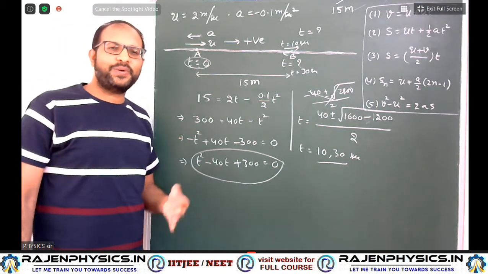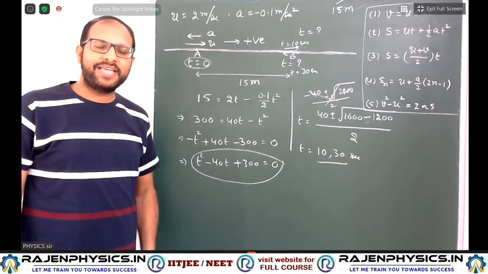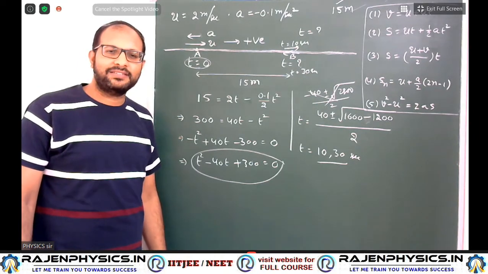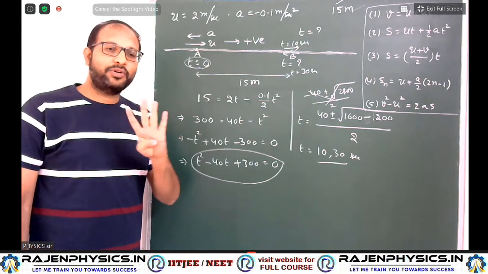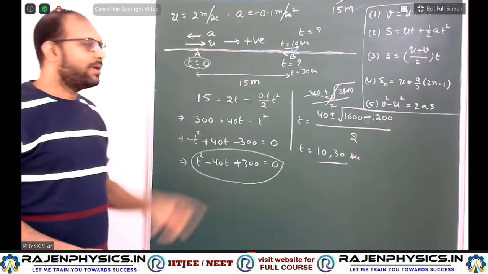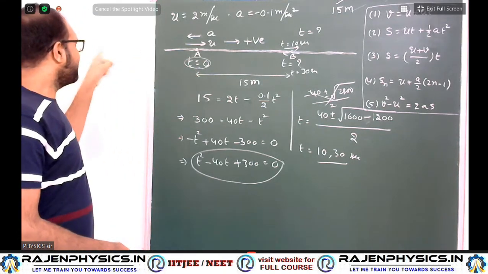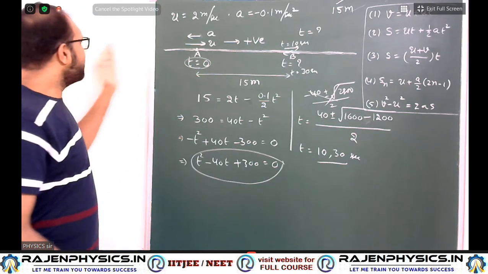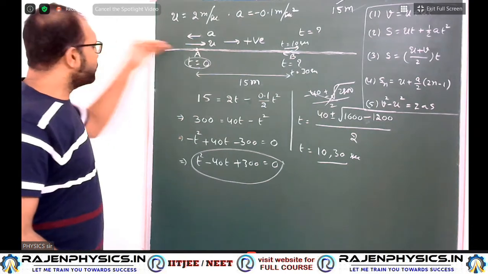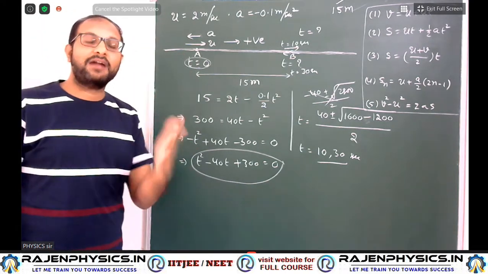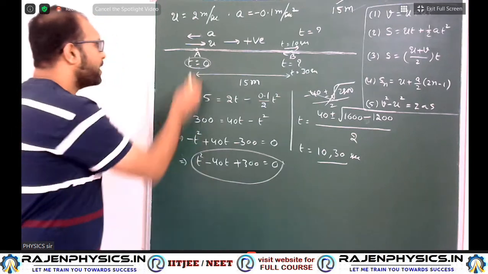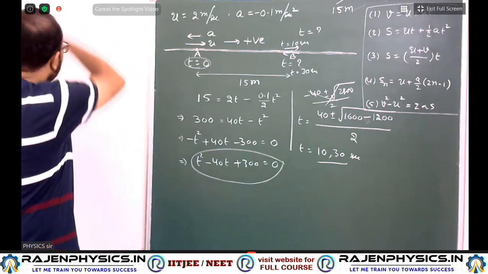Some students told 3 times. Yes, 3 times is the right answer. But some students told 4 times. 4 times is wrong. Because suppose if body again comes to here, then 4 times is possible. But here it is not coming.